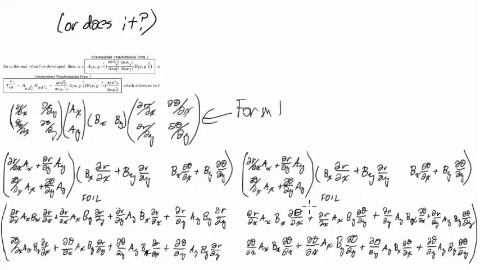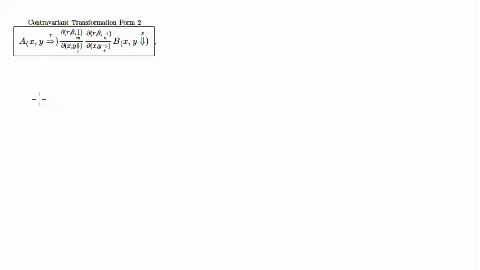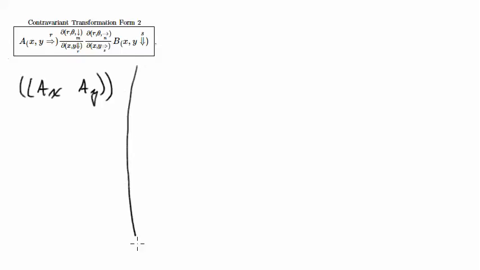I kind of thought this was a preferable form, but let's look at form 2, which orders things differently, and puts these things on the inside and these things on the outside. The way I'm going to write form 2 is a sub x, a sub y, in parentheses like this, and then this is going to be a strange shape.